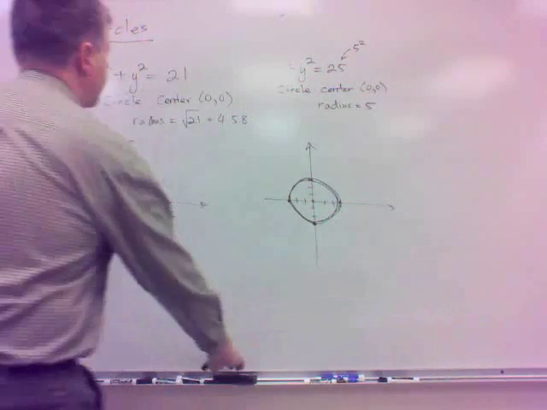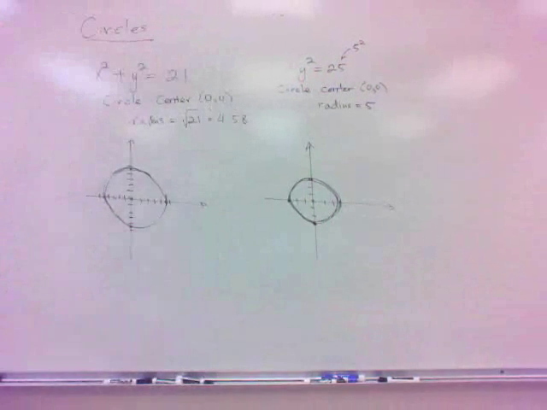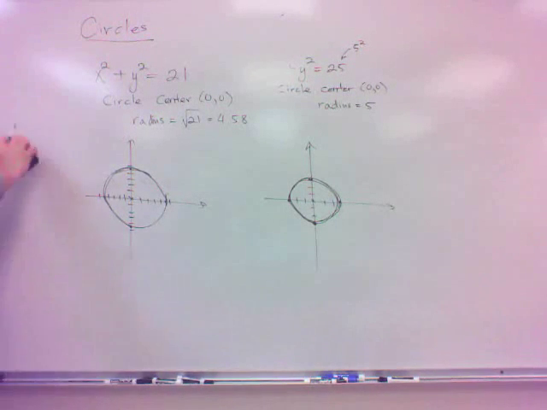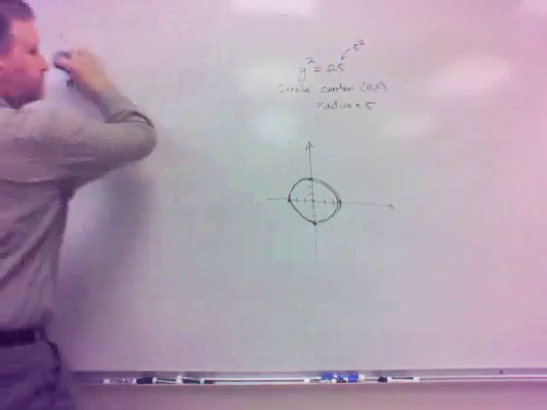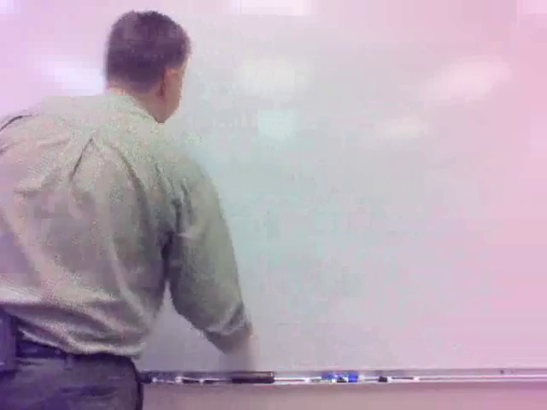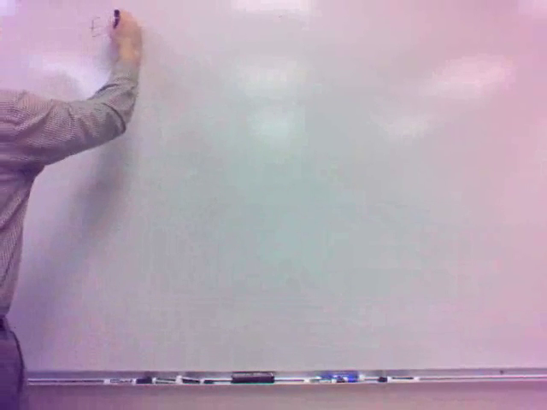The ellipses, well, they're not too bad either if you've got them in the proper format. So let's talk about that. Is that okay? Okay. Yeah, ellipses, we saw them.